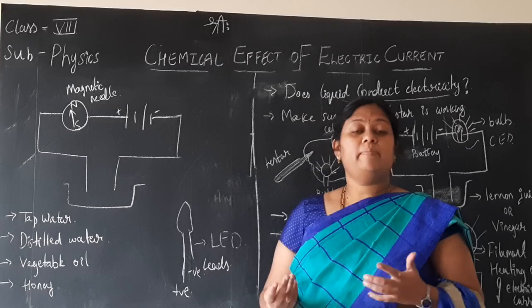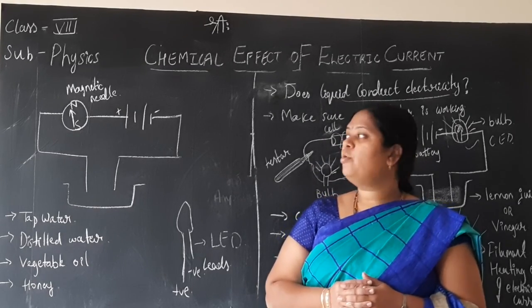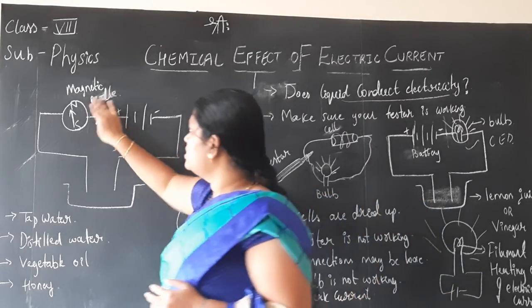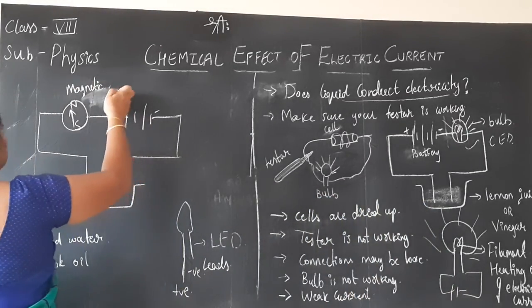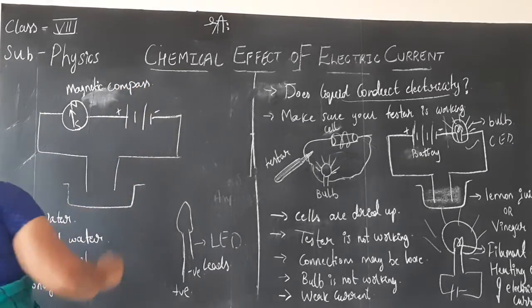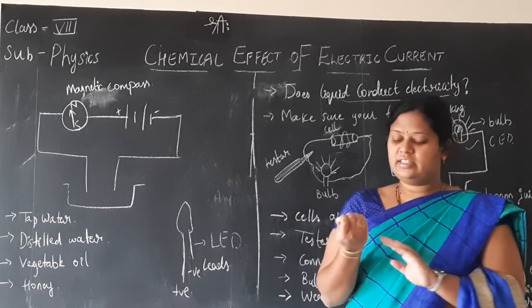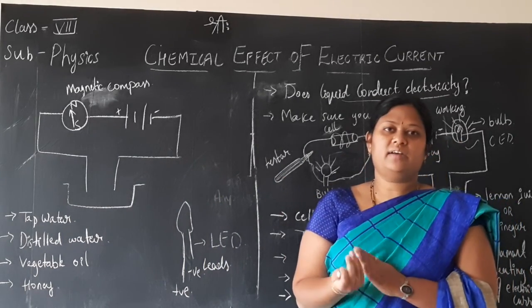We are preparing our own tester with the help of a magnetic compass, not needle, magnetic compass. You have heard about the magnetic compass. I will show you when it is there in the school, children. I will show you the magnetic compass.